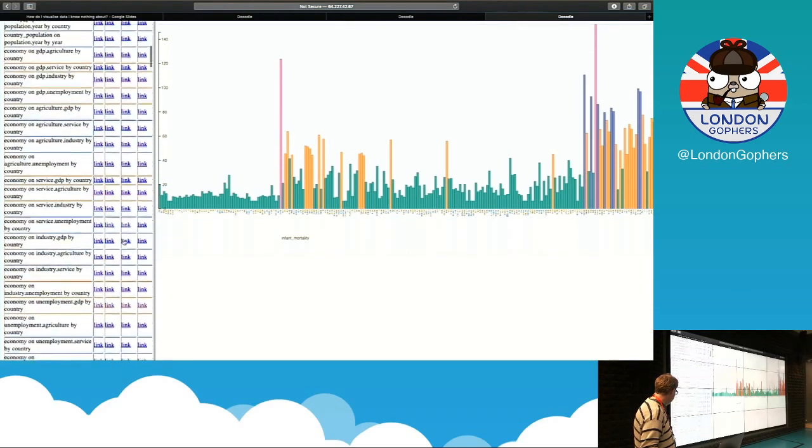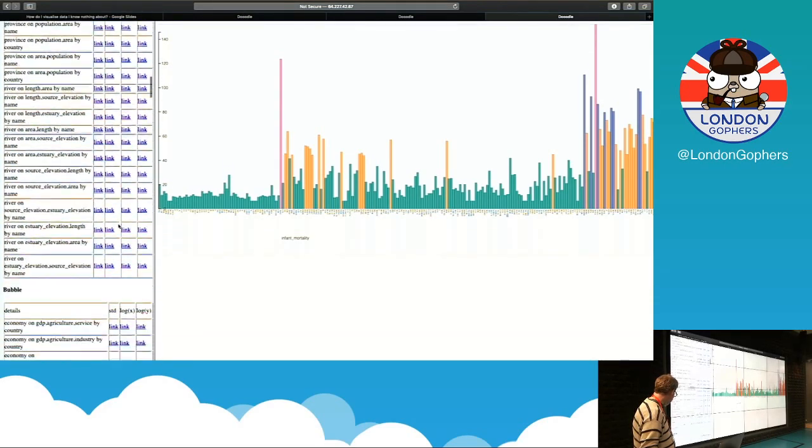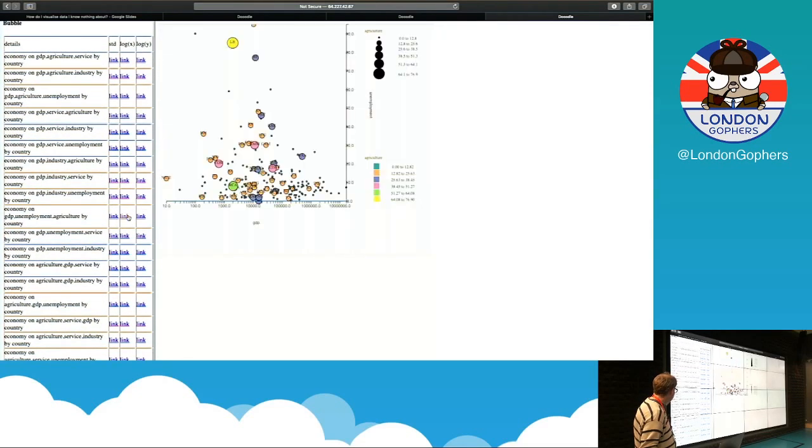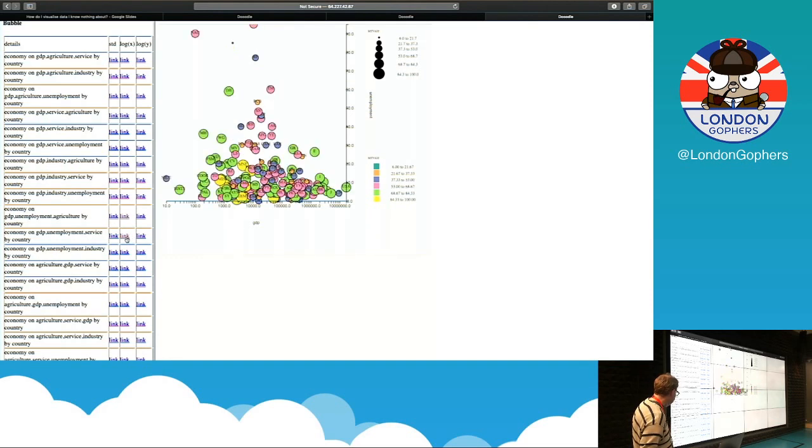Another example are scatter charts or bubble charts. So here are some bubble charts. Here we can see employment versus agriculture, which is probably not that interesting. GDP versus unemployment, if you're studying the economy, this kind of thing might make sense to you. I don't know anything about the economy.